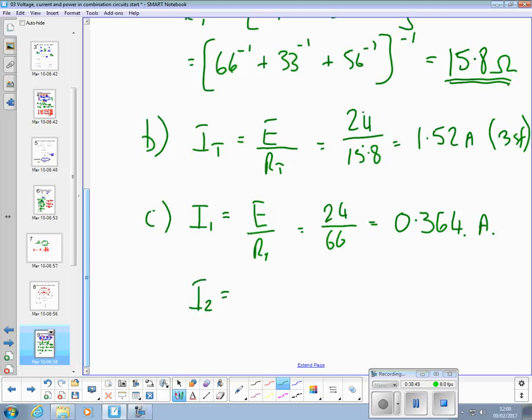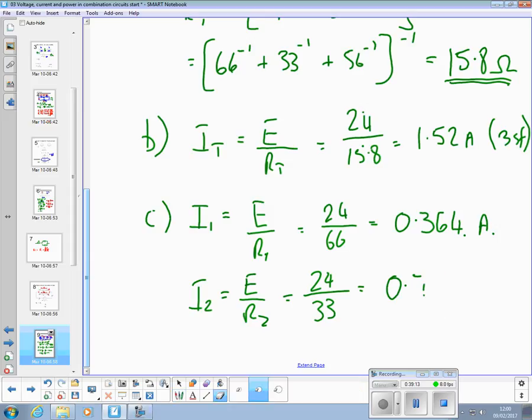I'm only joking. E over R2, 24 over 33, 0.73. If we're going to have them to 3 significant figures, then let's have them all. It's alright, I don't care.